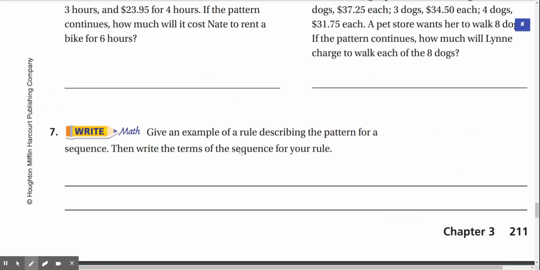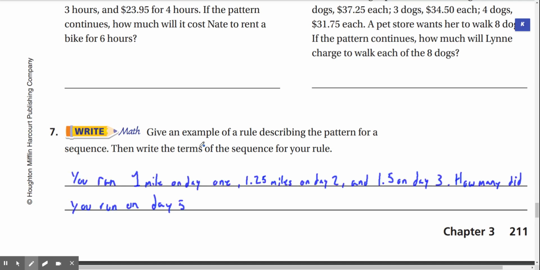Number 7. Write math. Give an example of a rule describing the pattern for a sequence. Then write the terms of the sequence for your rule. You ran 1 mile on day 1, 1.25 miles on day 2, and 1.5 on day 3. How many did you run on day 5?